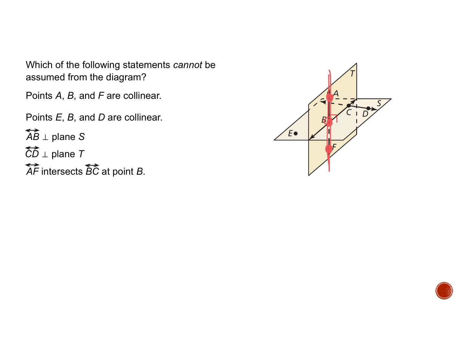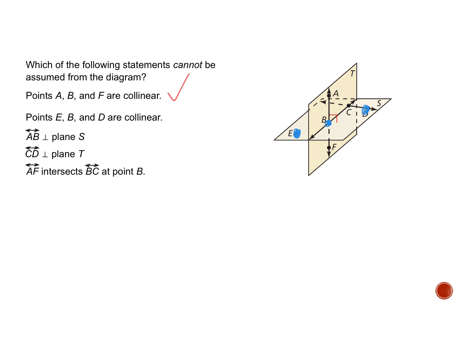So we can say that A, B, and F are collinear. Next, we're going to look at points E, B, and D, and it says that E, B, and D are collinear. Well, if you look at E, B, and D, they may look like they're collinear, but there's no physical line going through them. So we cannot assume that they are collinear.